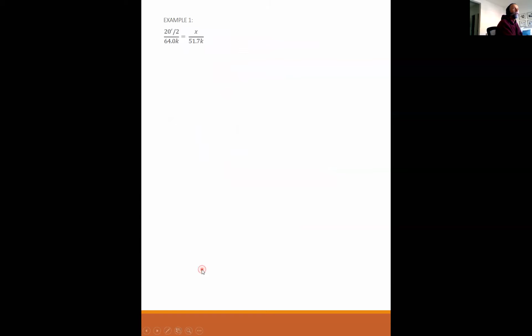From similar triangles, I can take my total span over 2 and my end reaction of 64 kips is equal to x from the end of the beam over 51.7 kips. I'm sorry, this is x from the center of the beam. I don't think I did that. Let me see if I drew that.